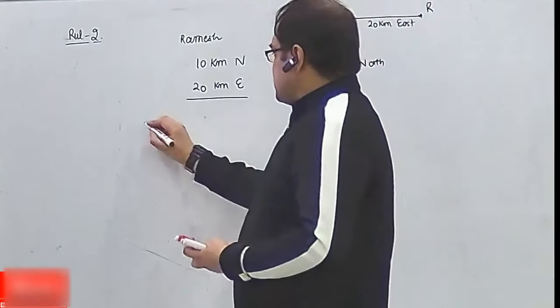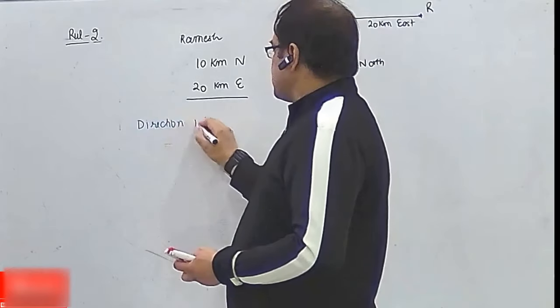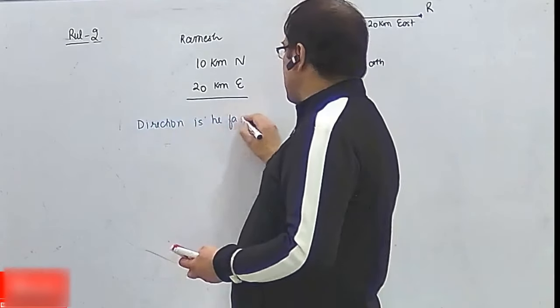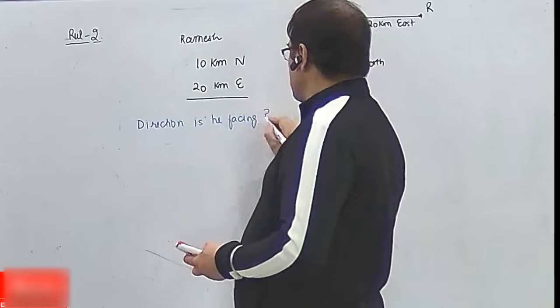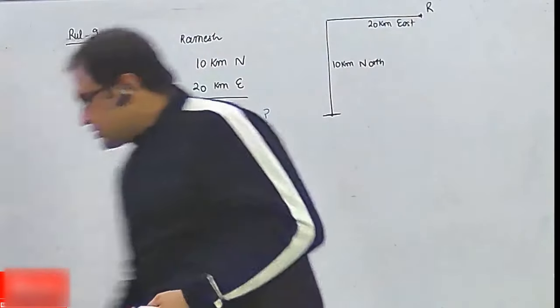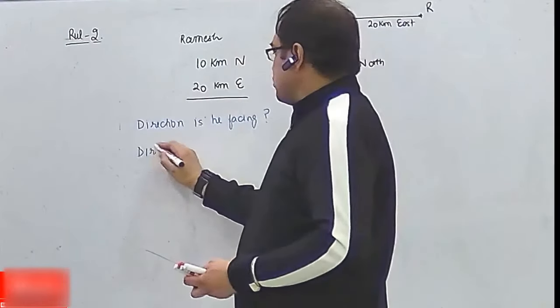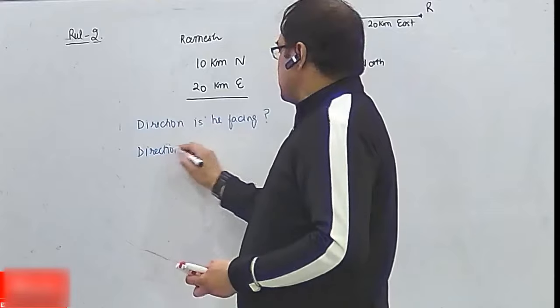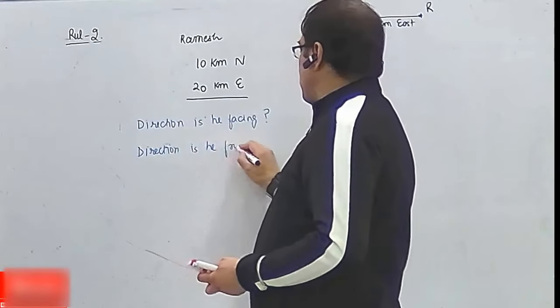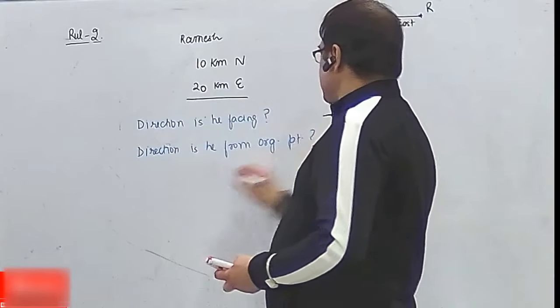So in the second rule, the directions are asked. The first question is, in which direction is Ramesh facing now? And the second question is, in which direction is he from the original point?